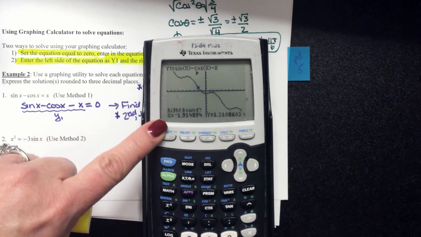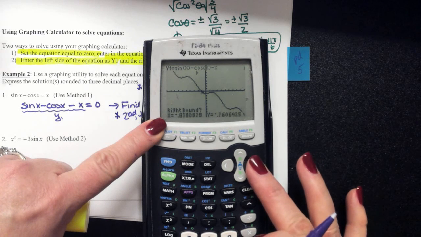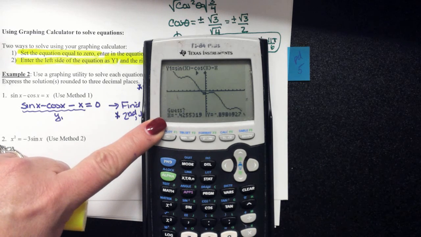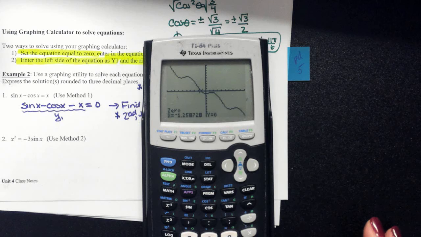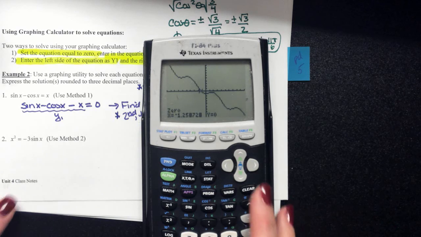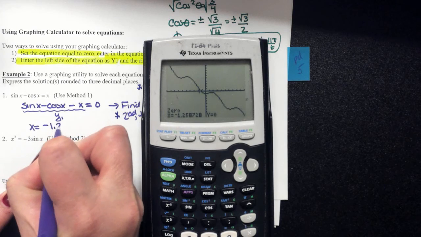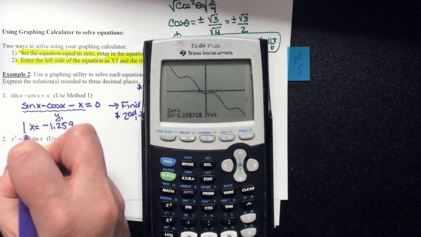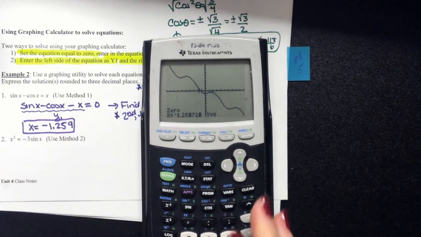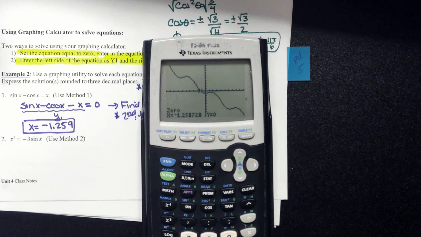Hit enter. Right bound, move your cursor a little bit to the right, and then hit enter again. So you have to hit enter 3 times. And then the x value is your solution, so x equals negative 1.259. So that's one way your Algebra 2 teachers may have taught you how to solve equations using your calculator.